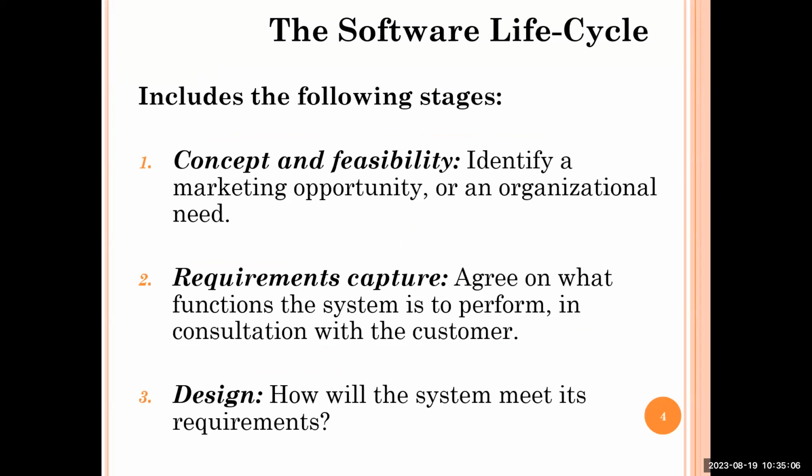Let us look at the software life cycle. It includes several stages. First one, concept and feasibility. Why would anybody think of developing a software system? To do that, there has to be either a marketing opportunity or a need from some organization. What do we mean by this?